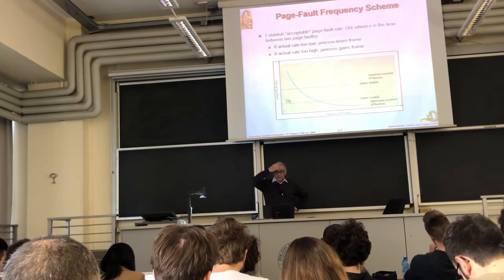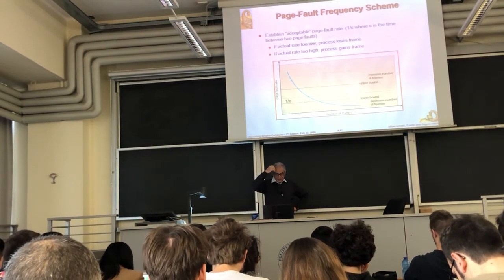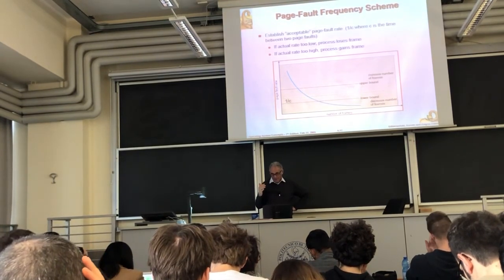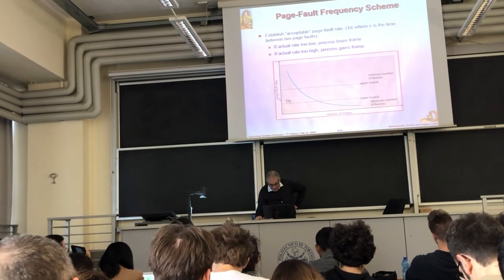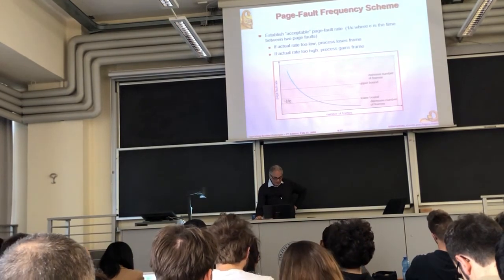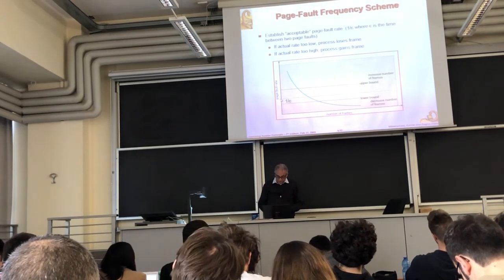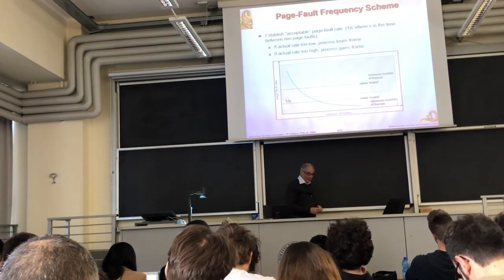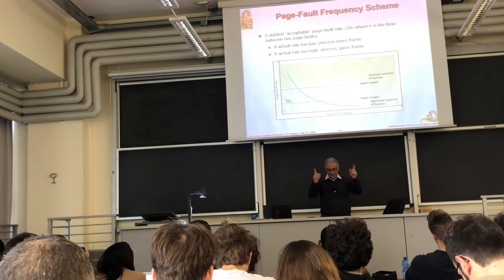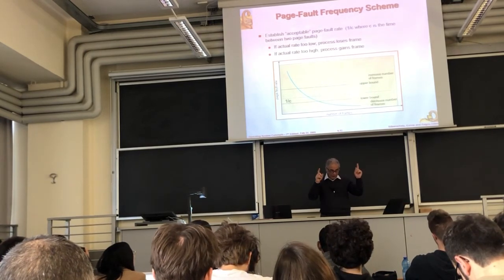So in this scheme, essentially we decide a priori which is the level of page fault that we accept. Suppose that it is this 1/c, where c is the time. Okay, but this page fault frequency is this one. Now, at every page fault, we look at the distance with respect to the previous one.